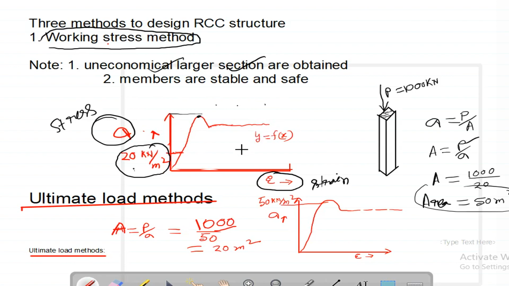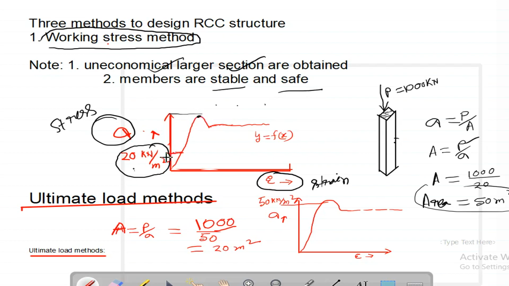But the main point is that we took a much lower concrete stress value, that means our area is more and our stress is less. That's why ultimately we made a huge column, and the member is obviously stable and safe, because we designed for much less than the failure load or extreme load.